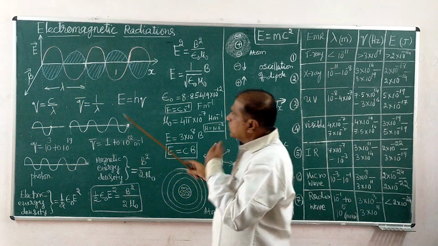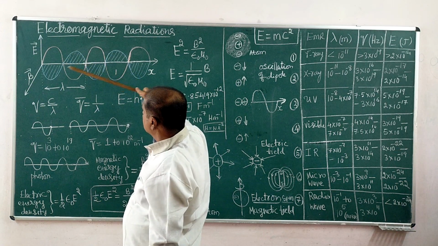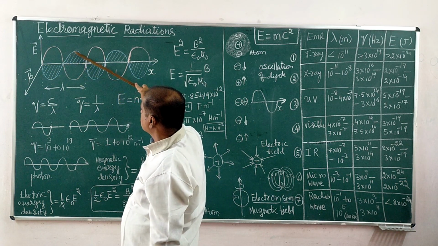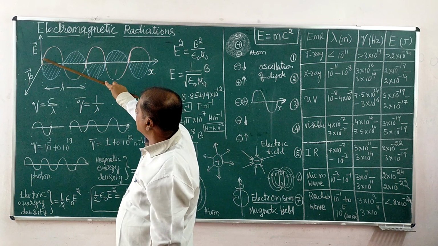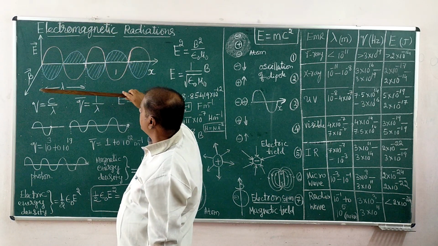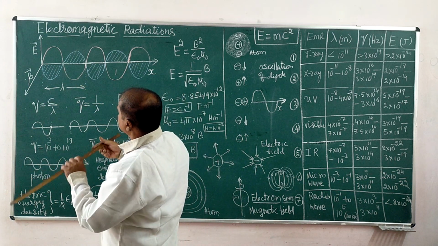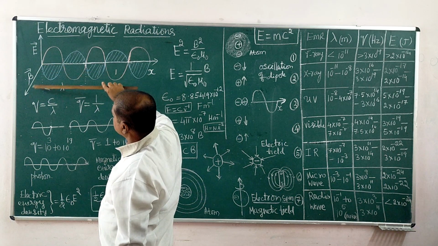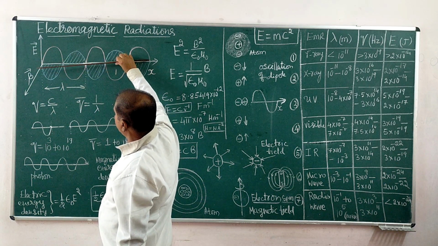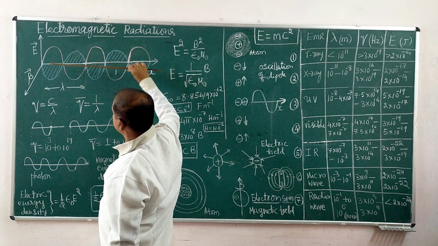So this is the electric field, this is the magnetic field. The electric field oscillates in the Y plane, the plane of the blackboard, and the magnetic field is in the Z direction, in the plane perpendicular to the blackboard.